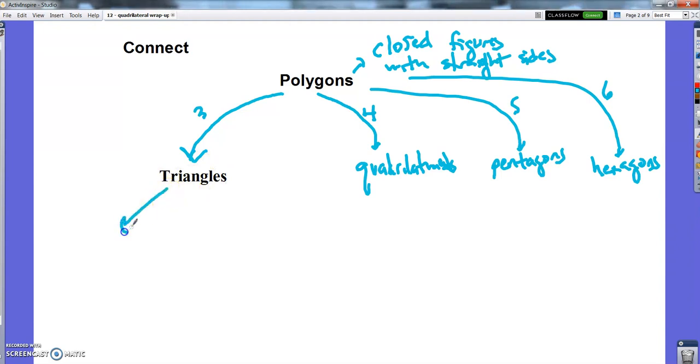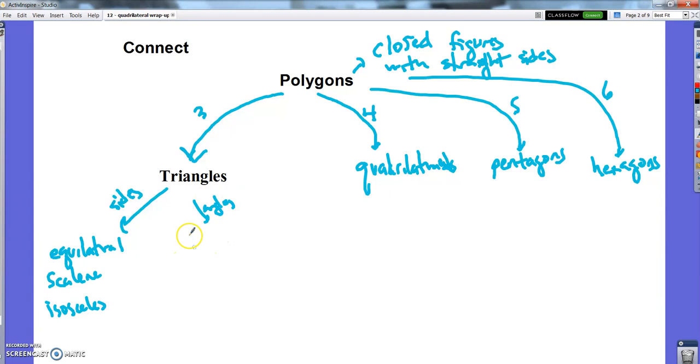Like if we group them by their sides, they can either be equilateral, scalene, or isosceles. And if we group them by their angles, they can either be right, obtuse, or acute. And so today I want to do some similar things with quadrilaterals.